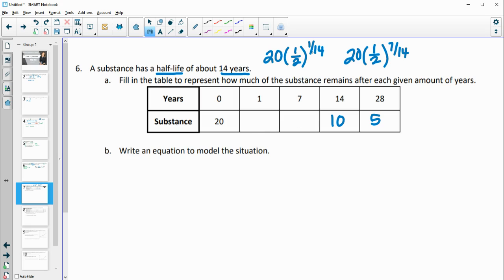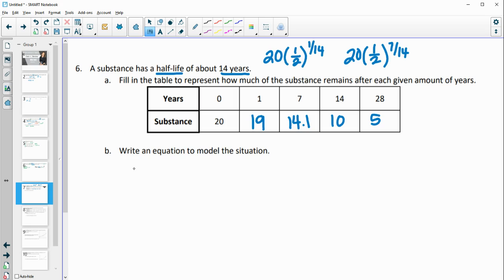So if we do 20 times 1/14th of a half-life, we'll get about 19 left of that substance, 19 units. And if we do 20 times half of a half-life, or 7/14ths of a half-life, we'll get about 14.1, or 14 if you wanted to round to the nearest whole unit, but 14.1 there.